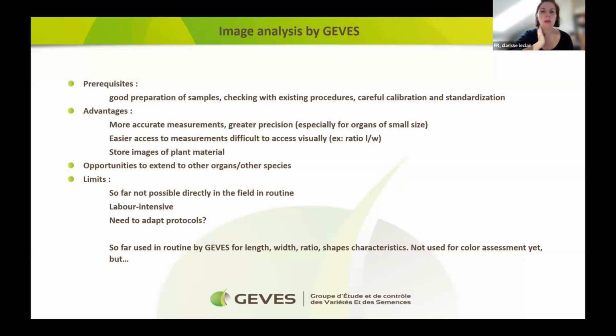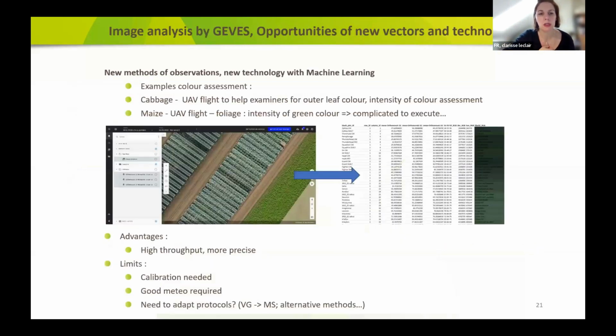And there is a last slide about this methodology, because we think there are also some opportunities of new vectors and new technologies. And here I put the example of some research we are doing internally at GEVES about the color assessment of cabbage using a UAV flight drone, to help the examiners with outer leaf color, the intensity of color assessment.